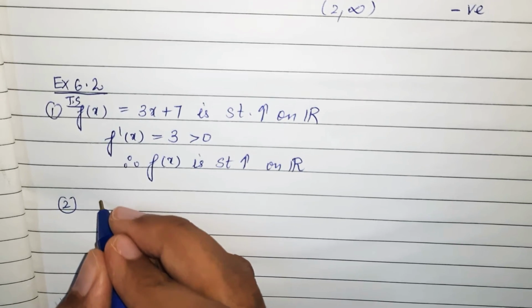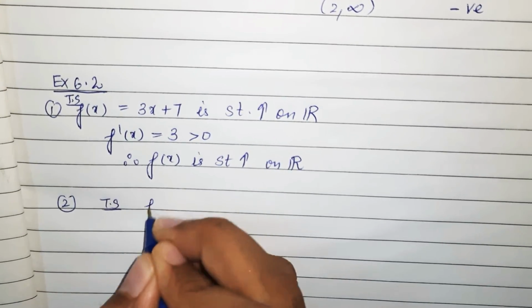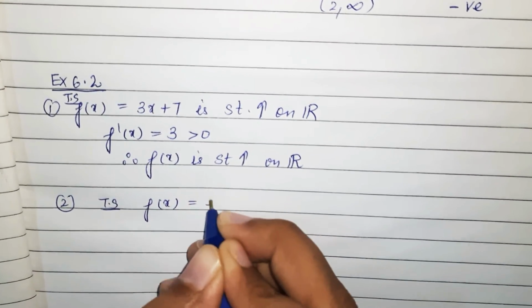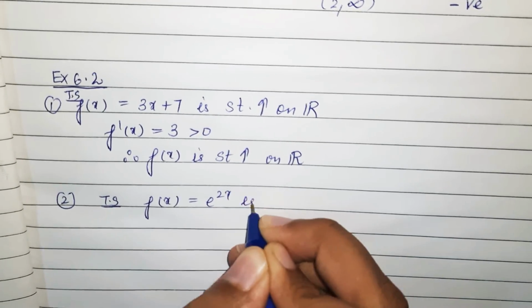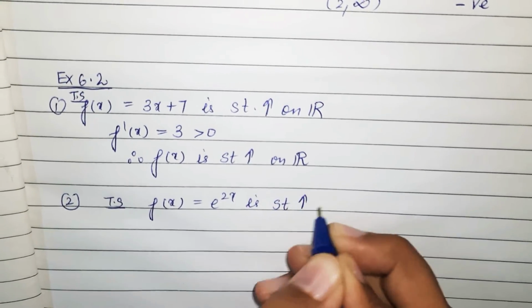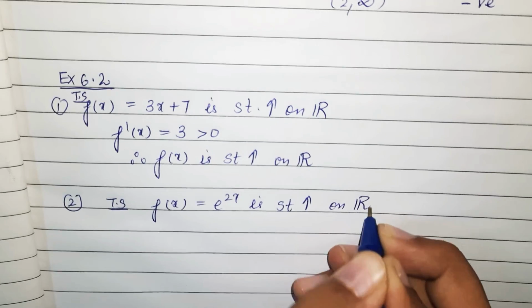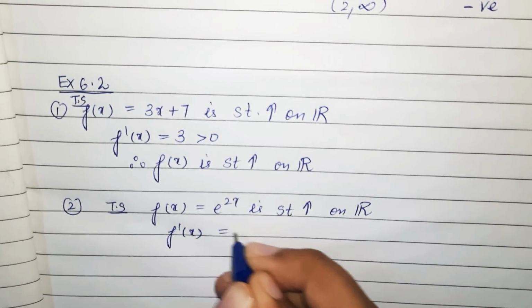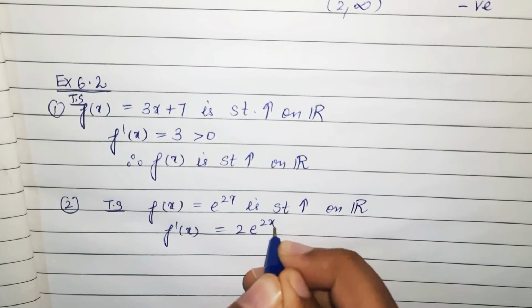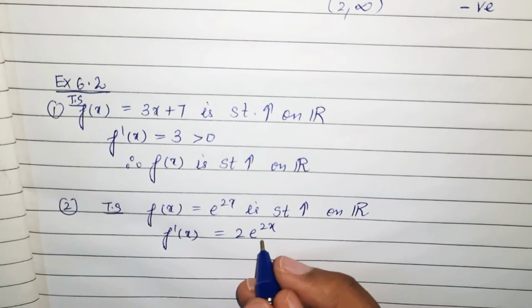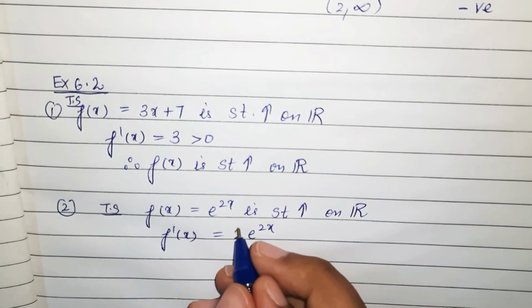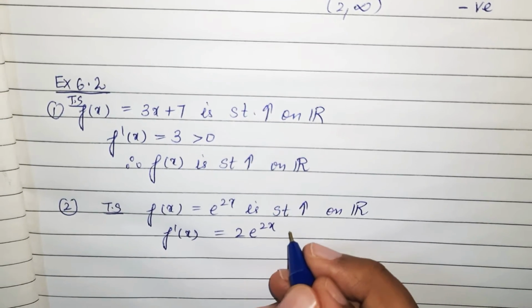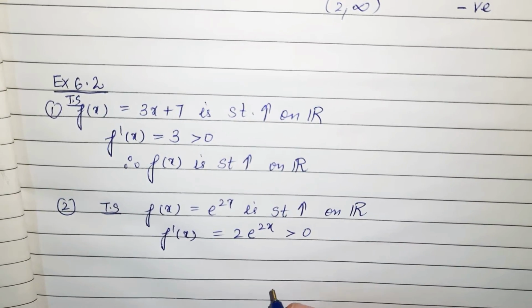Now in the next question they are saying to show f(x) equivalent to e raised to the power 2x is strictly increasing on R. Now if I talk about f dash x, I am getting 2 e raised to the power 2x. Exponential function is always greater than 0 and 2 is also a positive quantity, so definitely you will get greater than 0.